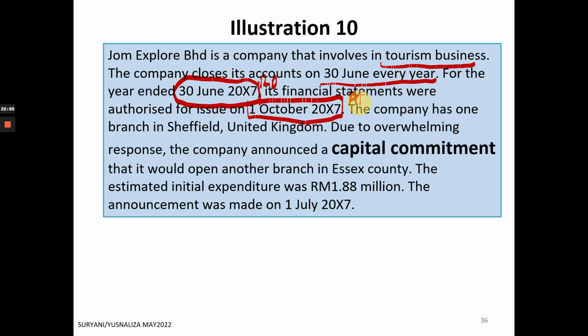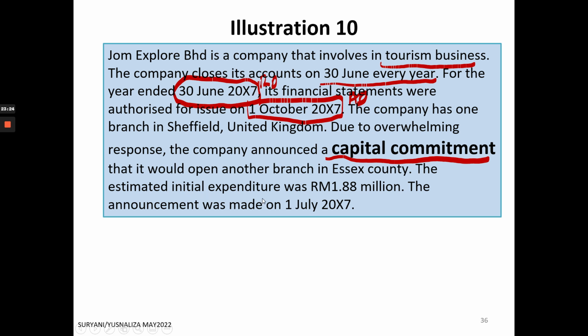So this is the authorization date, and any event between the two dates is an event after the reporting period. The company has one branch in Sheffield, United Kingdom. Due to the overwhelming response, the company announced a capital commitment, which is one of the examples under MFRS 110 regarding non-adjusting events, that it would open another branch in Essex County, still in the UK.